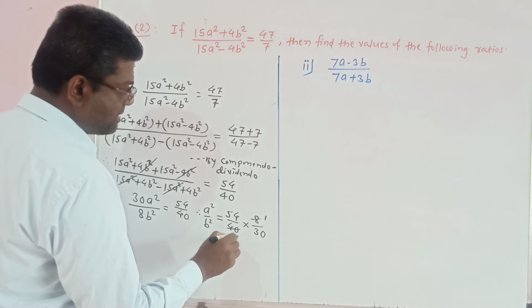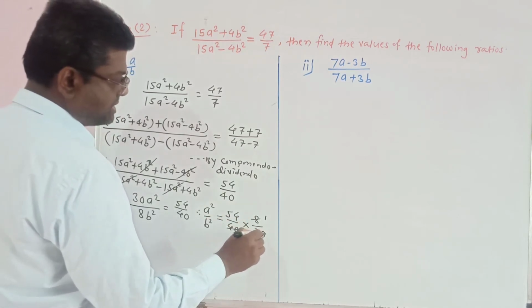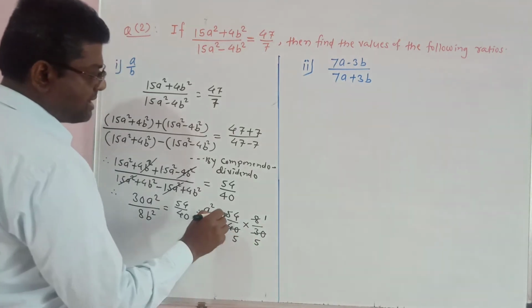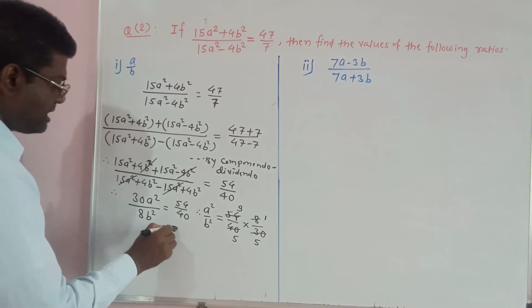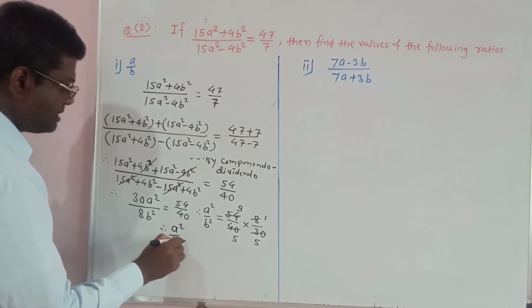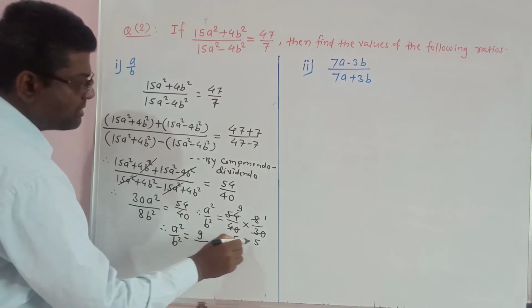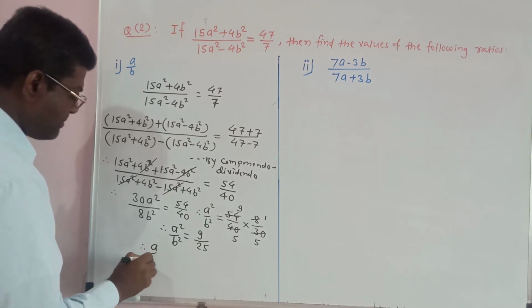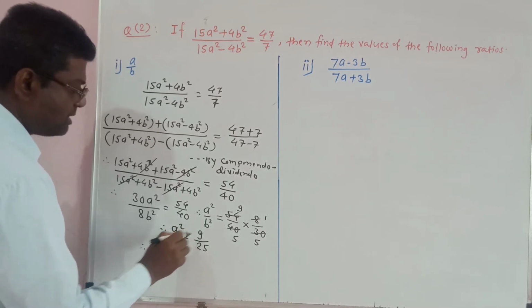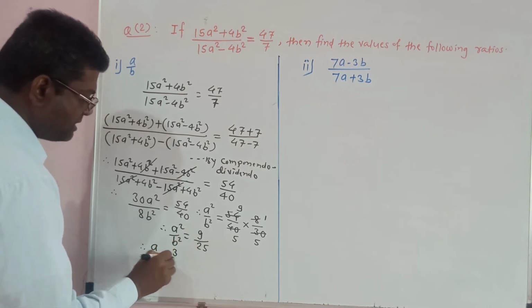Now 8 5s are 40 and 6 5s are 30 and 6 9s are 54. Therefore we get the value a square upon b square is equal to 9 in the numerator, and in denominator 5 into 5 will be 25. Therefore a upon b is equal to, taking square root on both sides, square root of 9 is 3 and square root of 25 is 5.